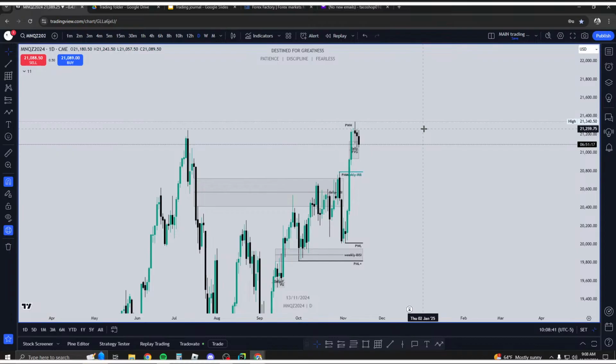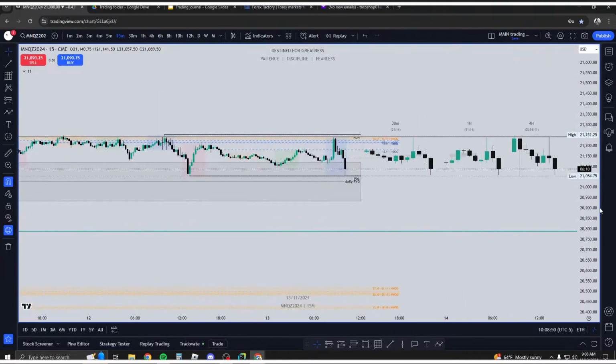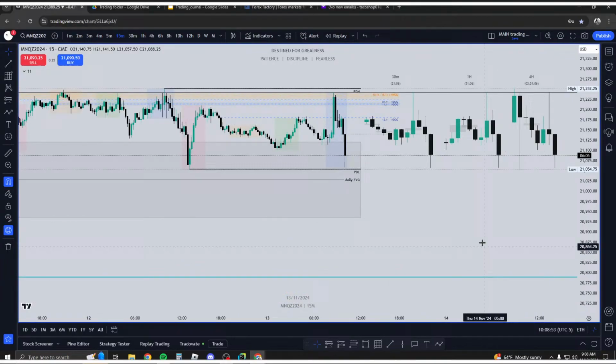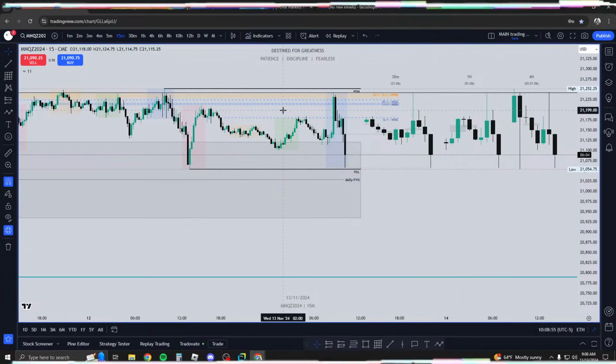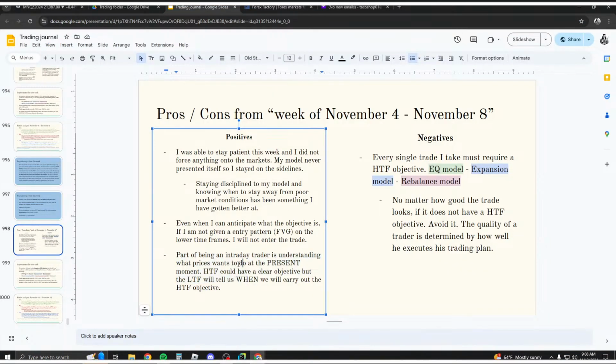Price is fractal, so that means models will present themselves almost every single day, on every single time frame. So you just have to understand what the current objective is for your respective time frame.